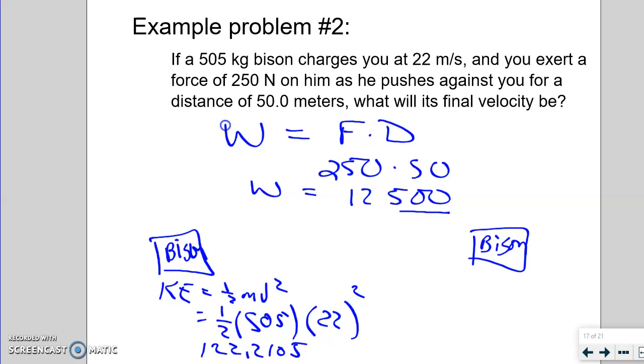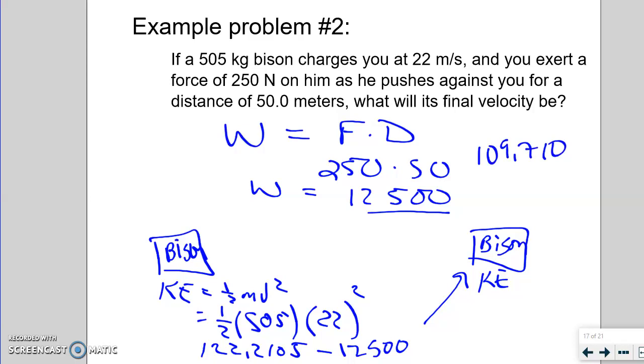Well, we've just said that we did 12,500 joules of work on him. So, that actually went against him. That's lowered his energy. So we need to subtract 12,500 from this number to find out what his total kinetic energy is after we've done that work on him. And that comes out to 109,710. That is his final kinetic energy.